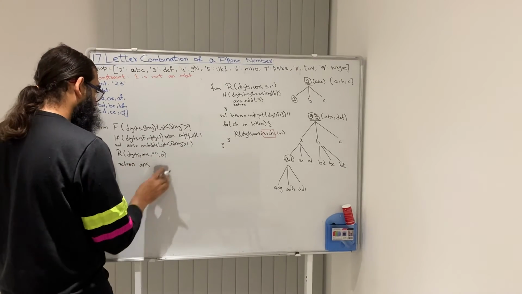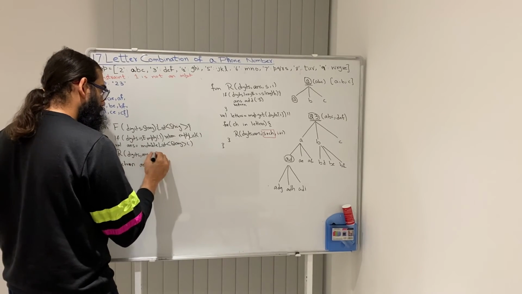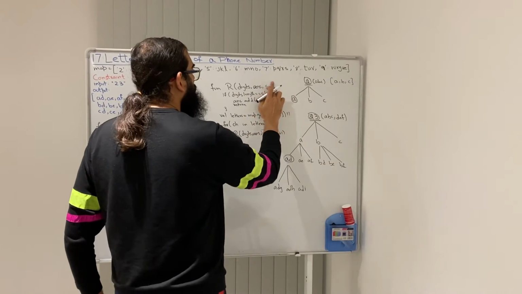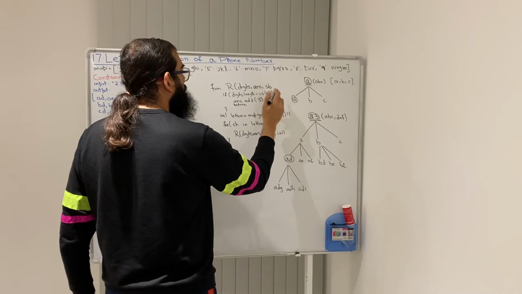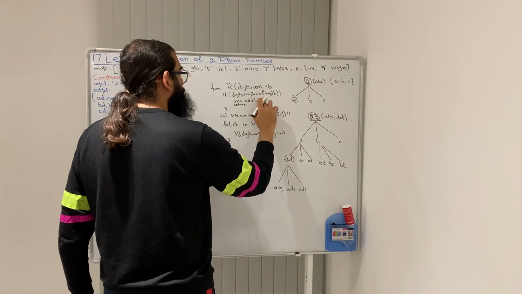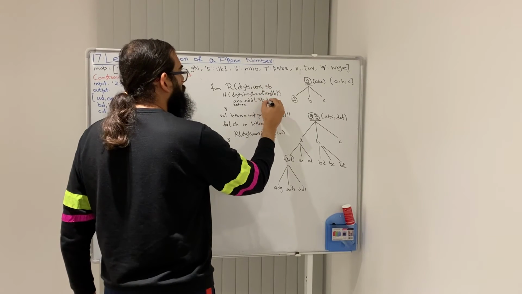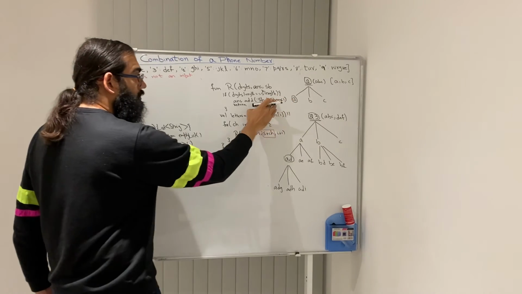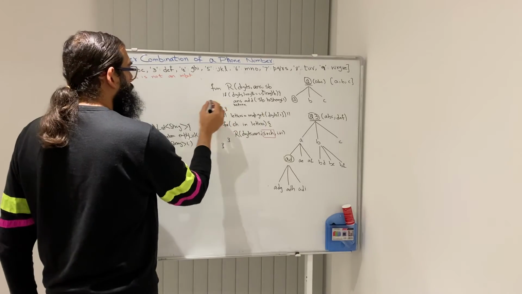So in that case, what will happen? My output will be StringBuilder and index 0. This S now will be SB, this will be SB, this will be SB.toString. And SB.toString, you need to remember it's an O(n) operation.